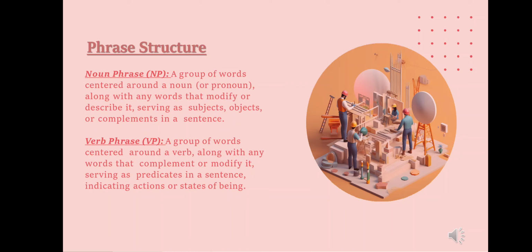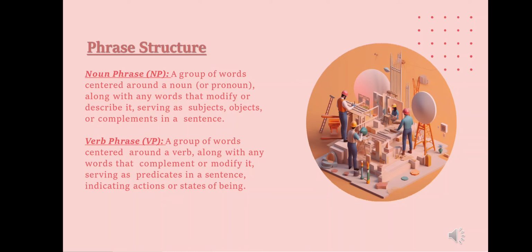So it is a group of words centered around a noun or a pronoun, along with any words that modify or describe it, serving as subjects, objects, or complements in a sentence.